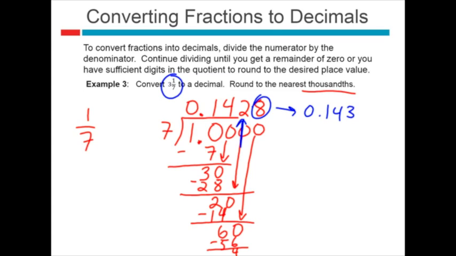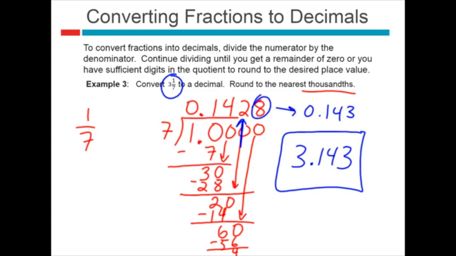So like we did in that example about the 6.5, we're not going to say the answer is 0.143, but 3.143. And that's our final answer.